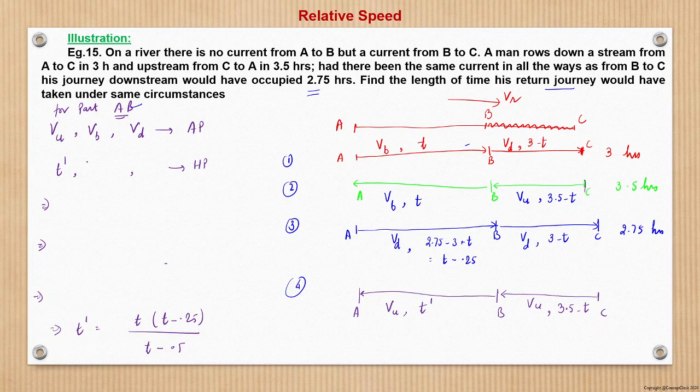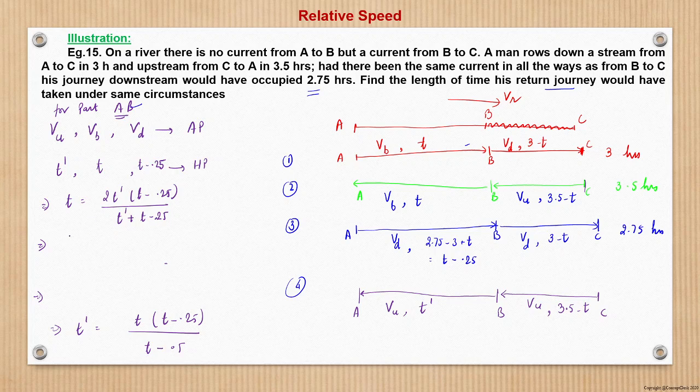So see here, for VU the time is t and for VD the time is t minus 0.25. Earlier it was reverse. So from here we can say that t is equal to 2 into t dash into t minus 0.25 upon t dash plus t minus 0.25.